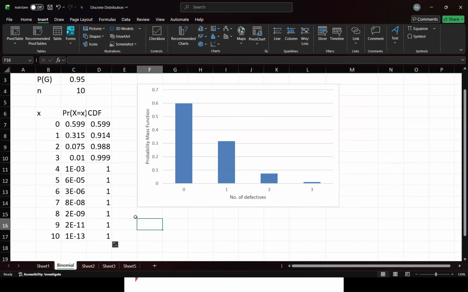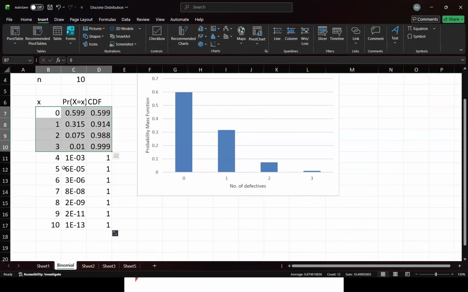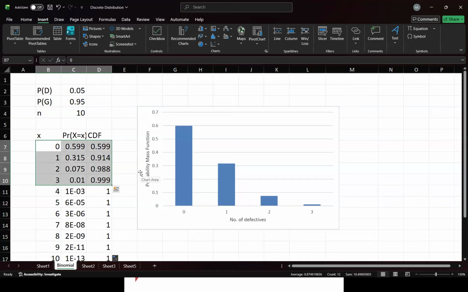However, the major part would come from up to 3 defectives. So there is the probability of getting that number of defectives. All other remaining possible outcomes have very small probabilities. So the peak is considerably shifted towards the left side.